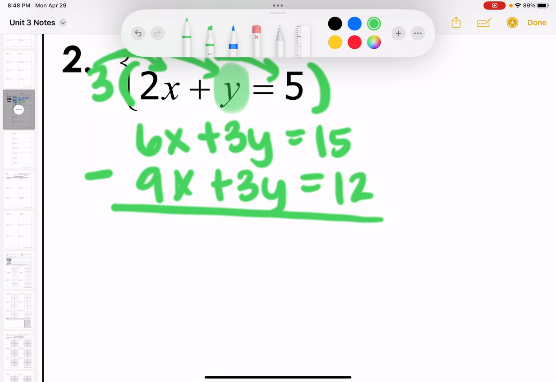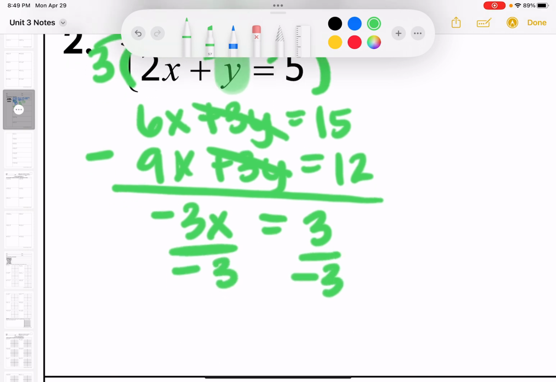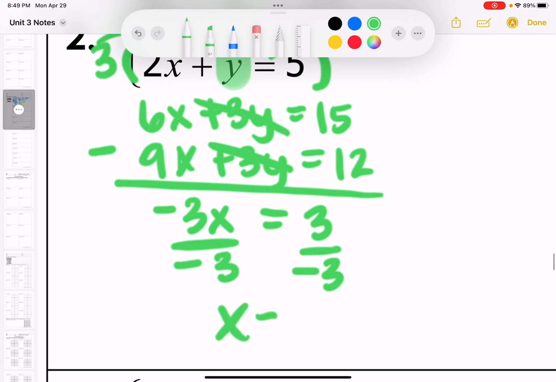So 6x minus 9x is negative 3x. 3y minus 3y is 0, so they cancel. And 15 minus 12 is 3. My last step to solve for x is to divide by negative 3 on both sides. So x is going to equal negative 1.